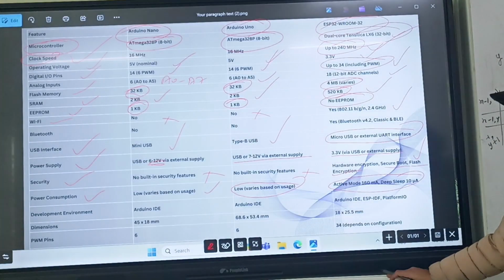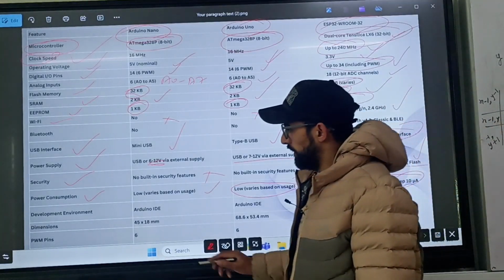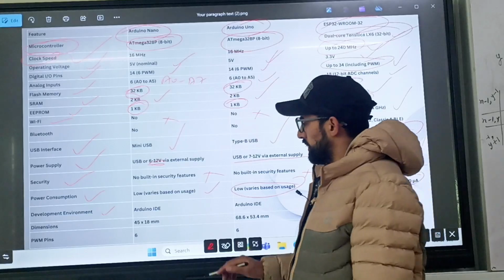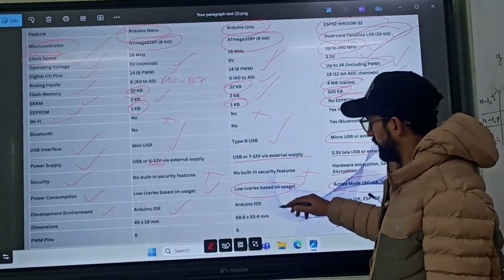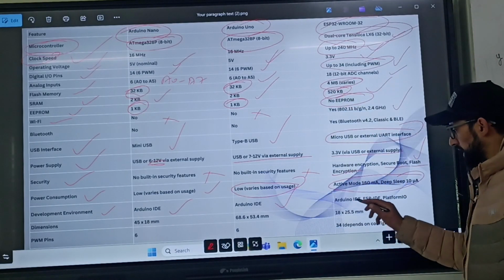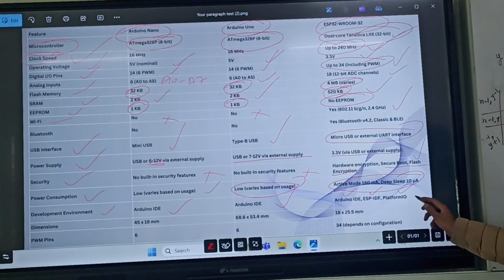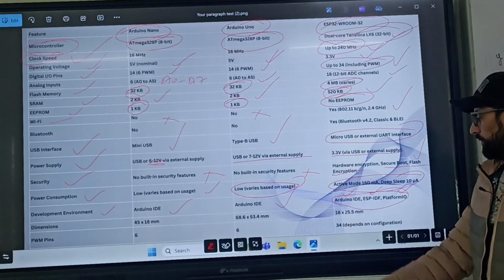So remember these things. Now the environment, meaning which IDE we can use to upload the code. Nano and Uno support the Arduino IDE, and ESP32 supports the Arduino IDE and other environments too. You can use these to upload the code to ESP32.